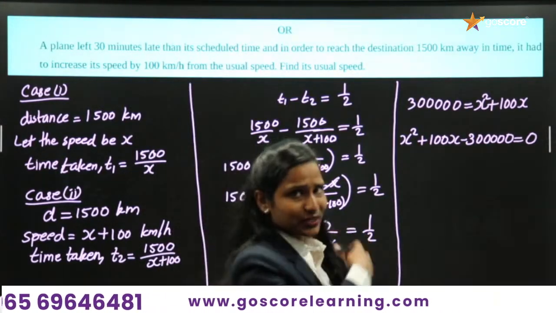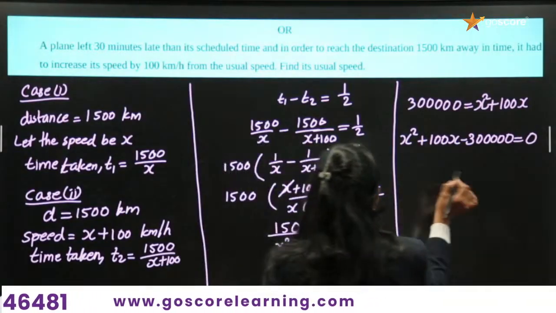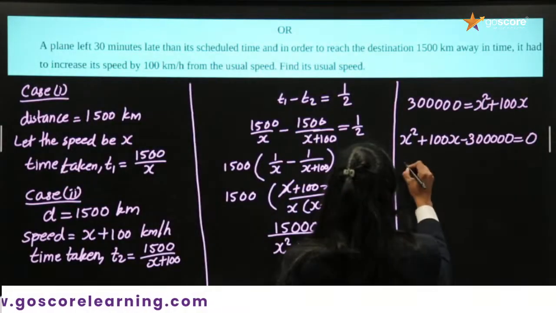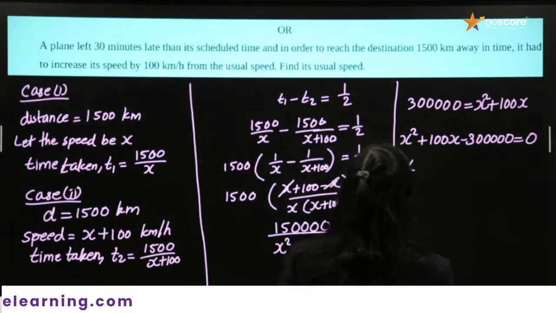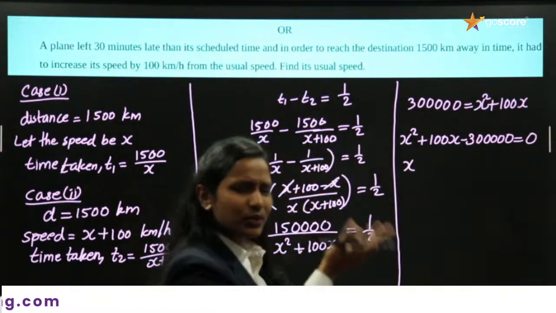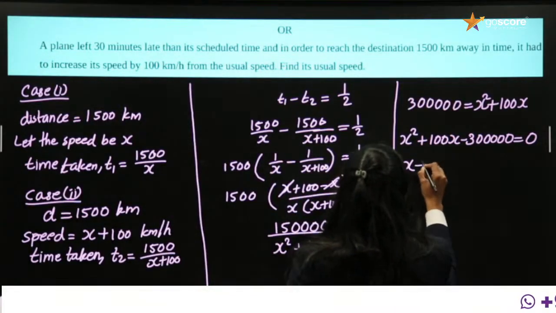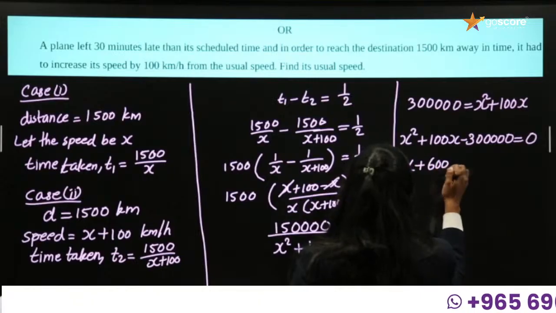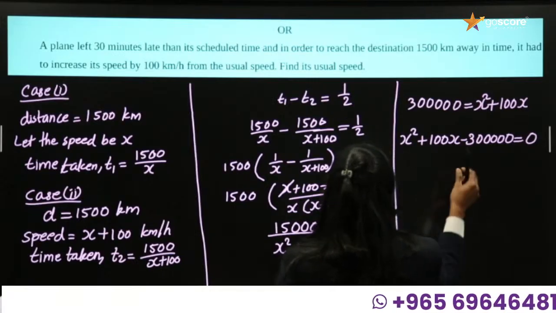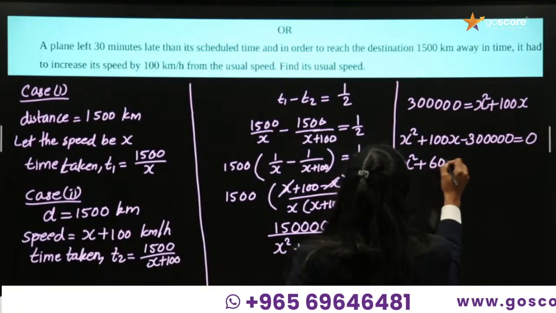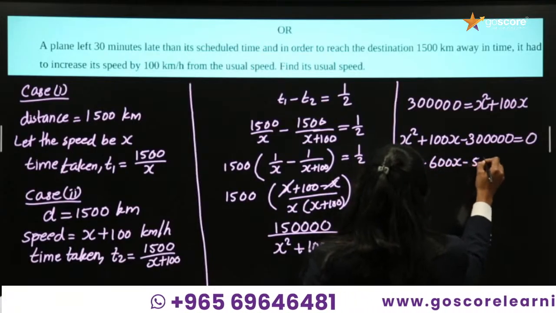Learn it. Now I am going with the splitting the middle term method because I know the answer. That's why I can find the answer by just looking at the equation. I'm so talented. Now I'll split the middle term first, otherwise you will be getting wrong ideas. 600x minus 500x.